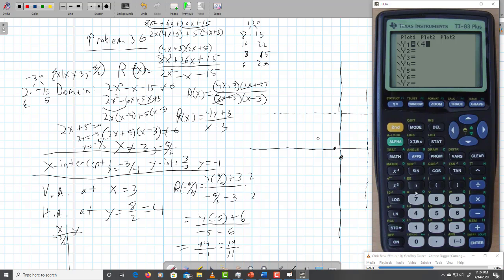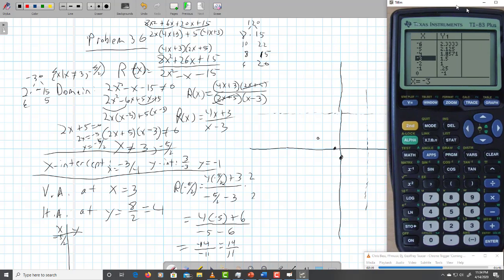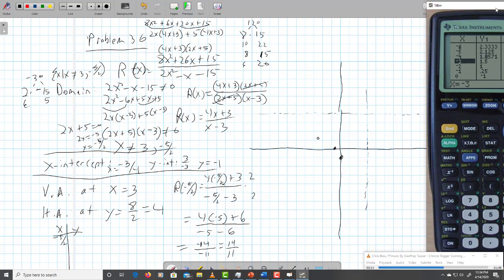Don't forget your parentheses. 4x plus 3 divided by x minus 3. Look at our table. That honestly gives us a good range to work with.